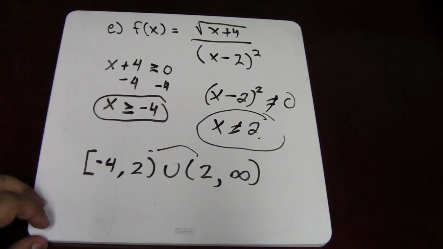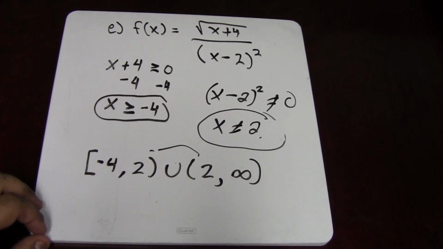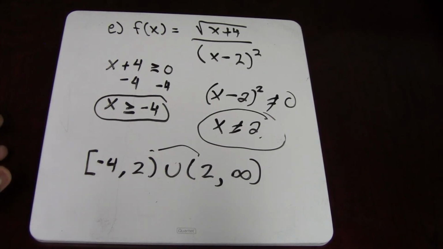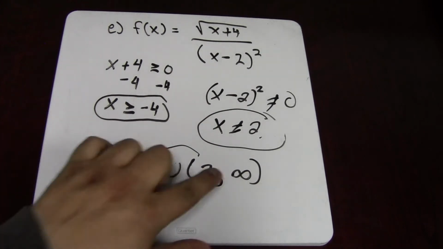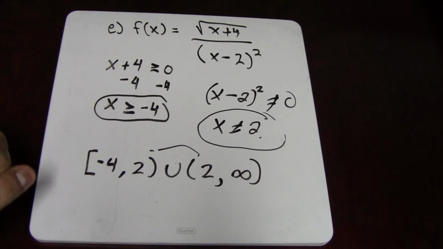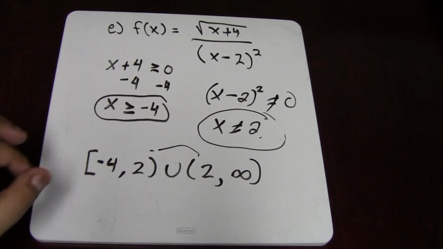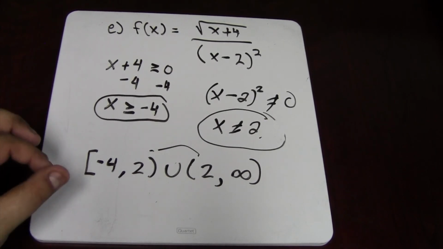So this one out of all of them requires a little bit of thinking once you've done the actual mechanics of it. Solving the problem itself is not a difficult task. You're just following the rules of algebra. But for this one, to use this type of critical thinking to figure out exactly what the domain should be, you have to be able to see that.